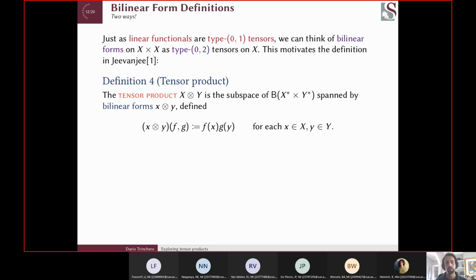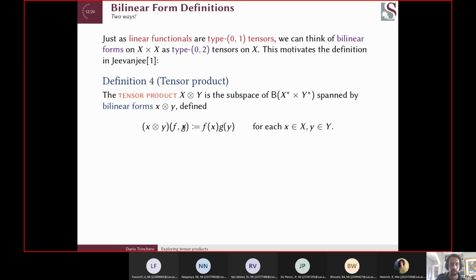So the tensor product in G1G is a subspace of bilinear maps defined on the Cartesian product of the dual space of X with the dual space of Y, spanned by bilinear forms. Sorry, did I say maps? I meant forms, defined as follows. So, okay, this is a space of bilinear forms. So everything in here is a bilinear form. So X tensor Y in particular is a bilinear form. What does it act on? Well, it acts on a pair of linear functionals.